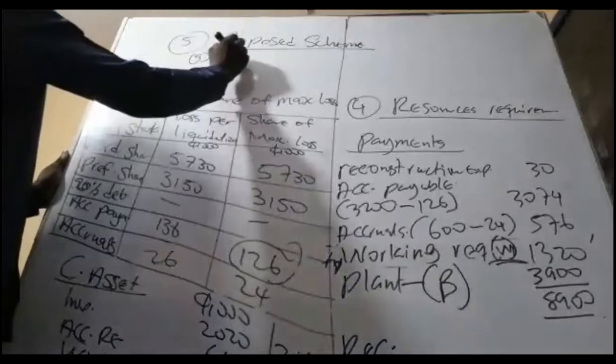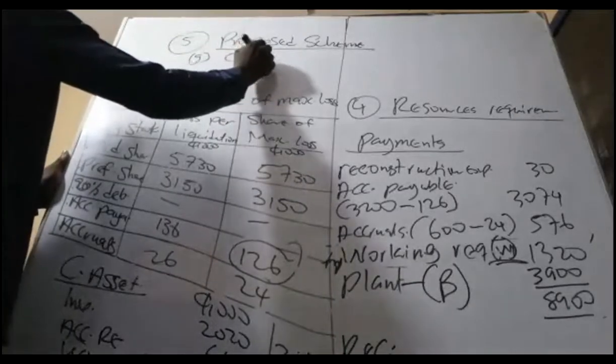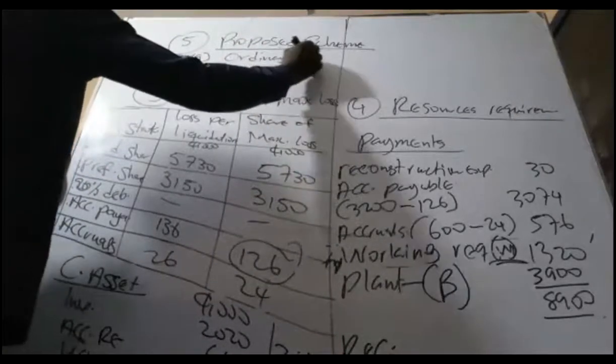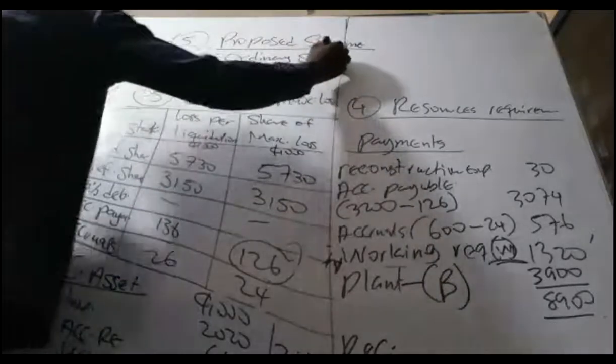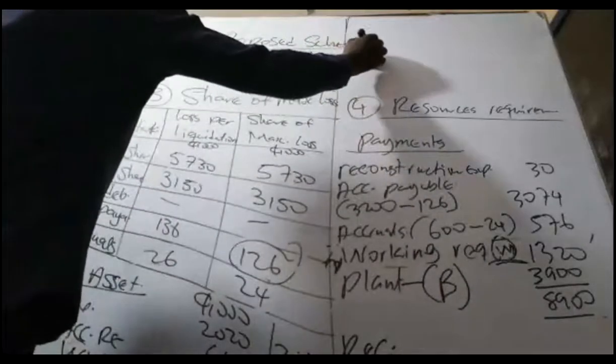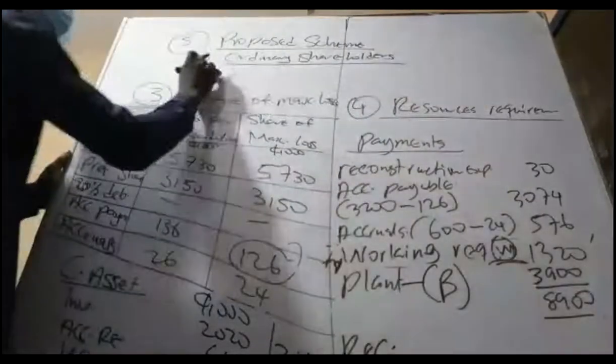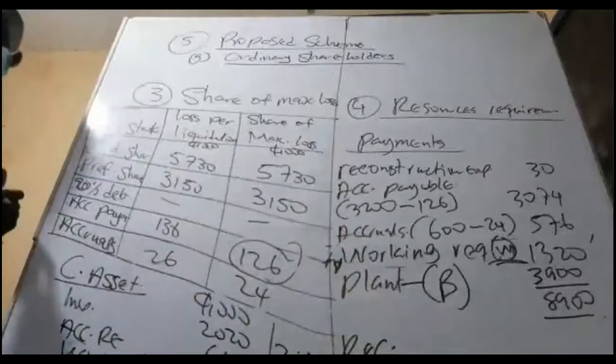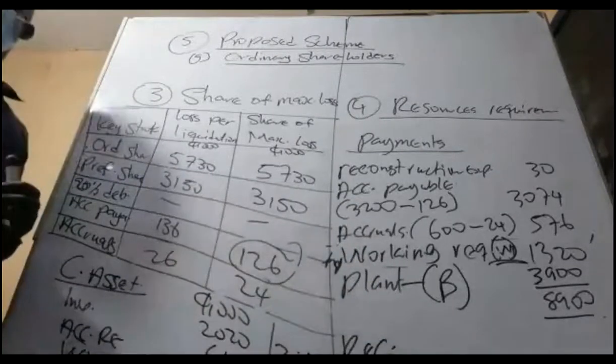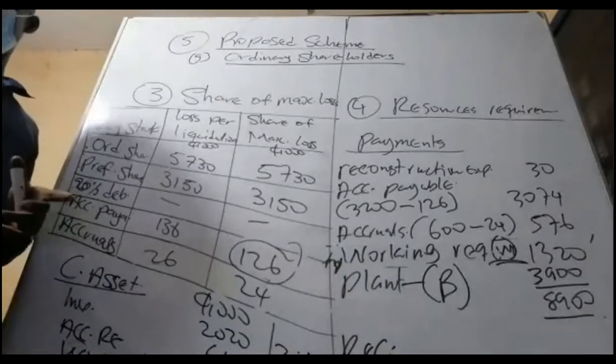First on the list is ordinary shareholders, all right? Let's write it like this and align it. Now the sentence must be brief. It must contain 2 items. Only 2.